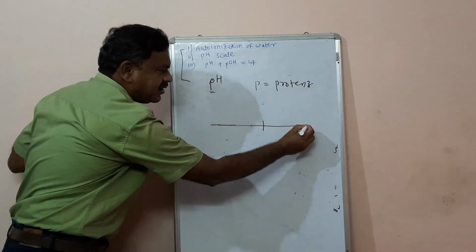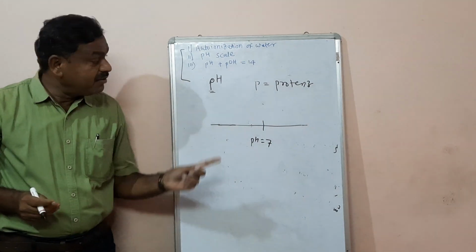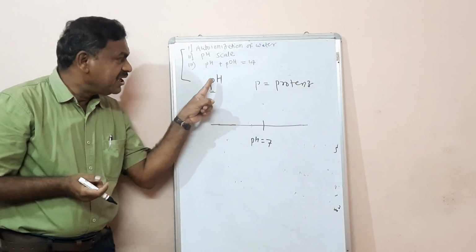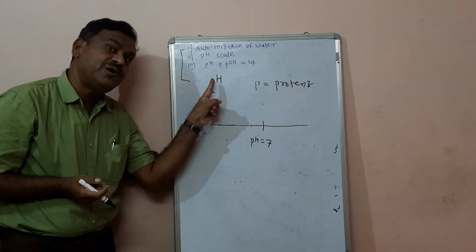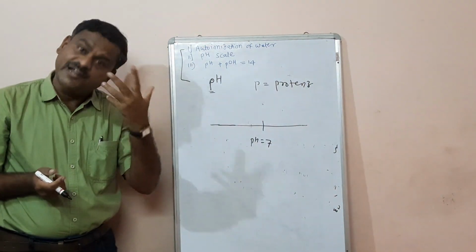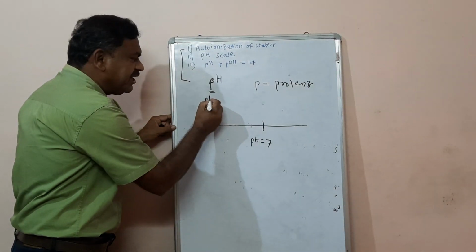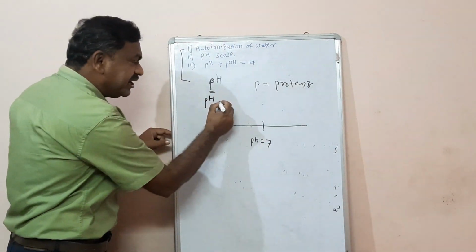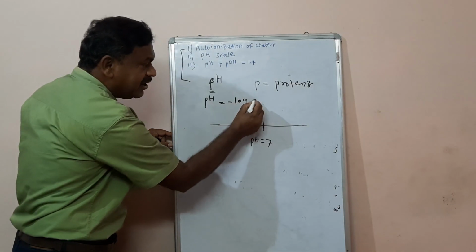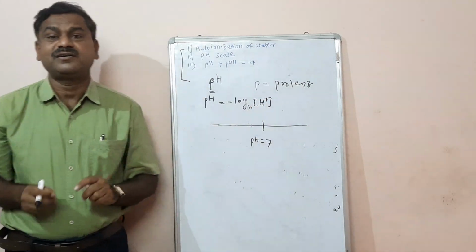On this scale, this is pH equal to 7. But before that, pH means what? pH is the strength of hydrogen, potential of hydrogen, concentration of hydrogen. pH is nothing but the negative logarithm to the base 10 of the hydrogen ion concentration.